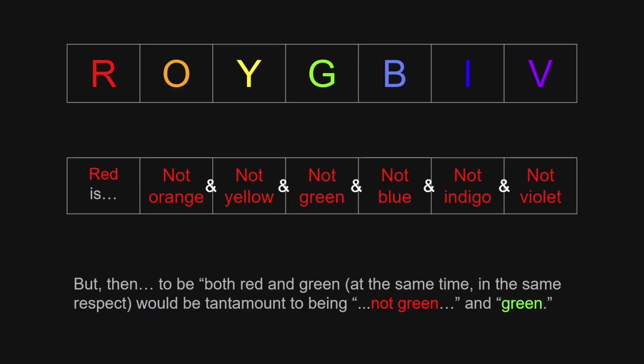For instance, if we just think of 7 colors, Roy G. Biv, then we would think that it is possible to define red as the color that's not orange, not yellow, not blue, and so on. But if we do that, then we see that you could actually translate nothing is red all over and green all over into a statement that could be understood as embodying a logical contradiction.